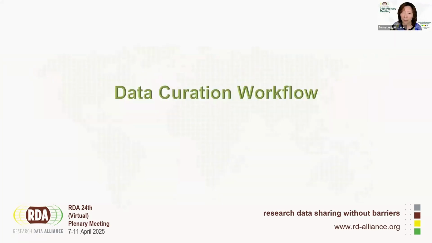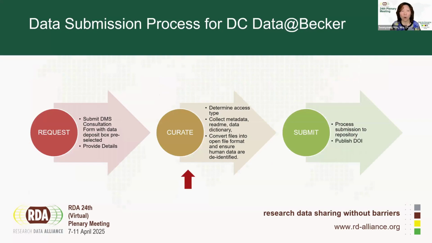So now let's talk about the data curation workflow. This is an overview. First, people request, and there's a request form they can submit, and they provide details. Once we get the request, we initiate a consultation meeting to understand the data. First, we determine the access type: does it involve human participants, or does it not?